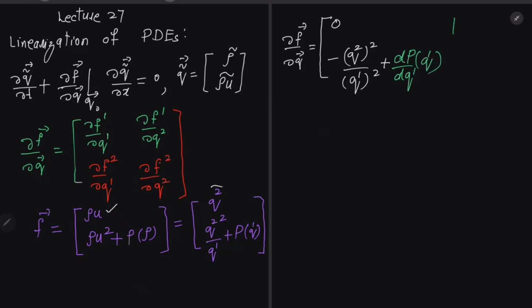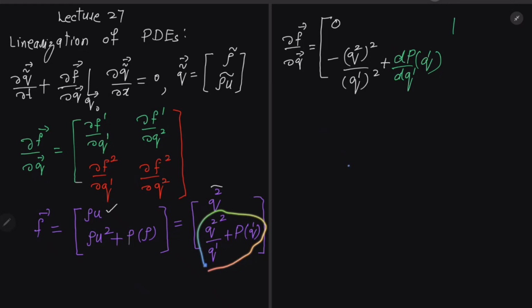And then we have partial f2. What is f2? f2 is this quantity, and we take a derivative of that with respect to q2.